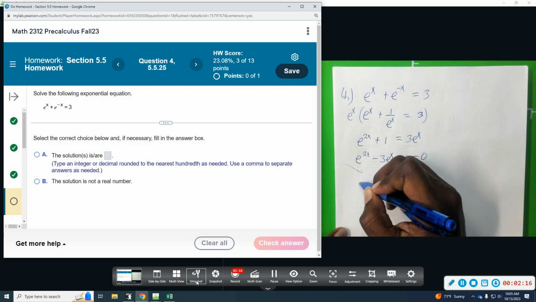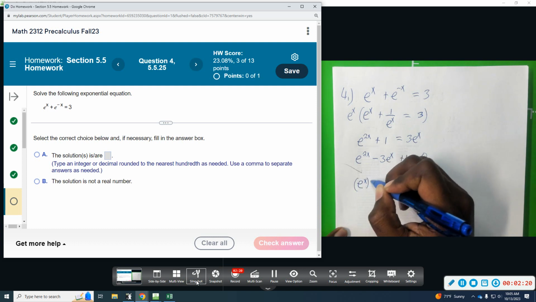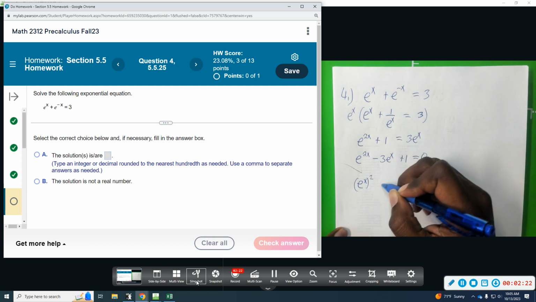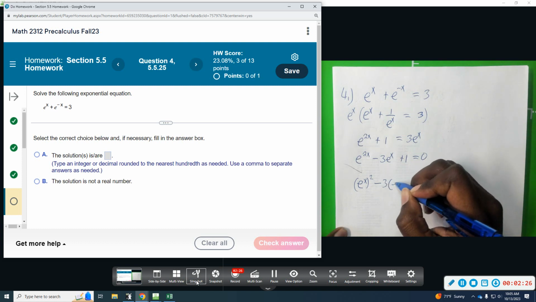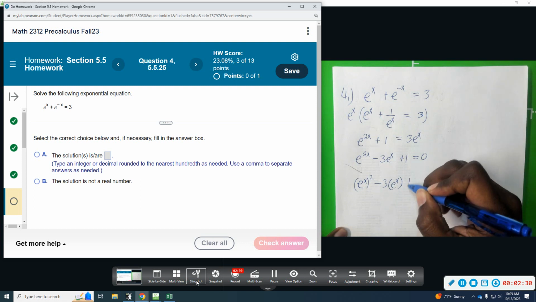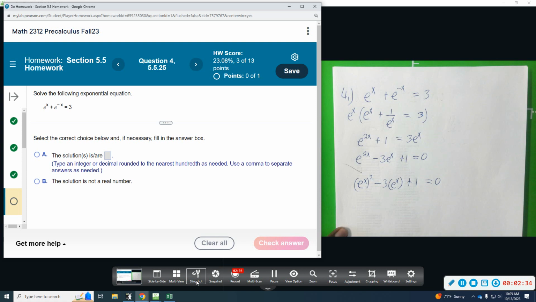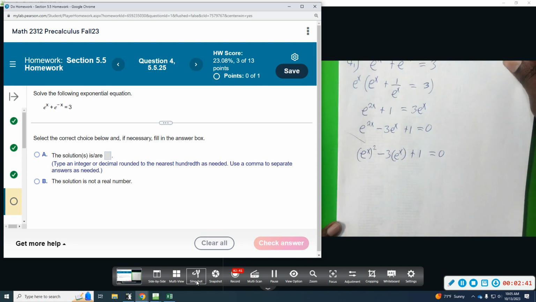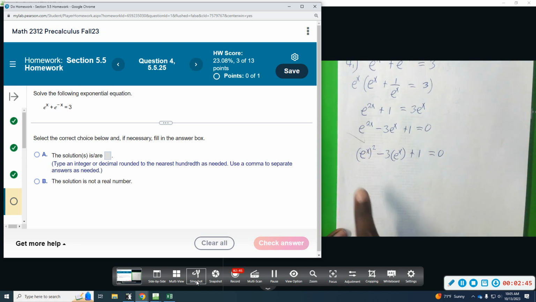If I rewrite this, this is like e to the x to the second power, so this is like my squared variable, and then minus 3 times e to the x, which is acting like my x, and then plus 1 equals 0. We're going to treat e to the x just like x. In the textbook they might put u or some other letter there, but just treat the whole thing like an x.